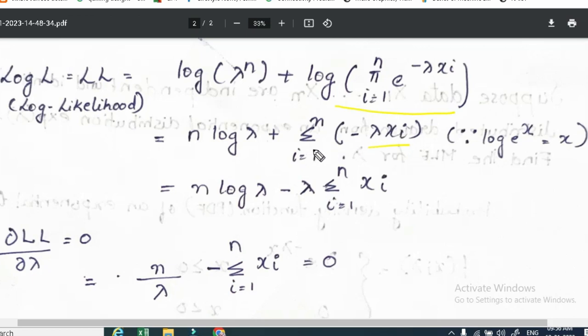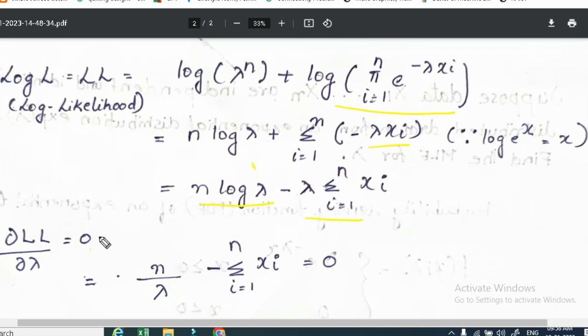It will be the summation from i equals 1 to n of minus lambda xi. The product is converted into a summation. This is equal to n log lambda minus lambda times the summation of xi from i equals 1 to n, since lambda is common for x1 to xn and you can take it outside. So you have got the log likelihood here.